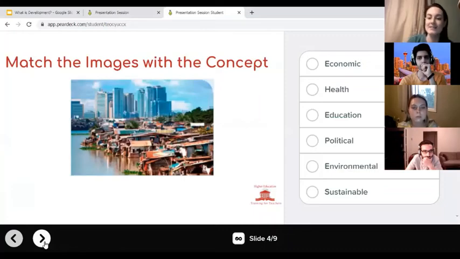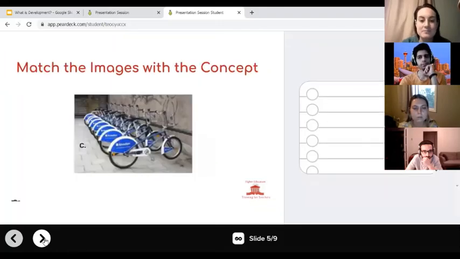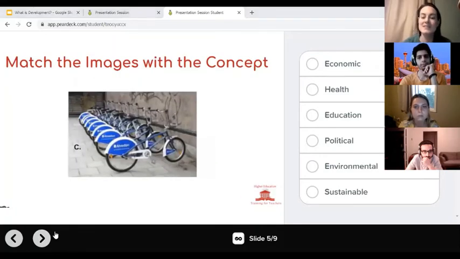Okay, looking at this image, does it show development or a need for development? Okay, good. Okay. Does this image show development or a need for development? Okay, good. I'm just saying good because you all gave the same answer, and it's correct.